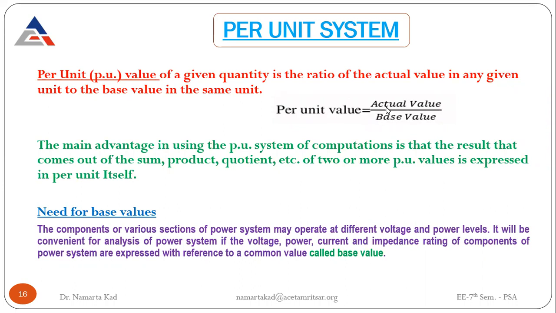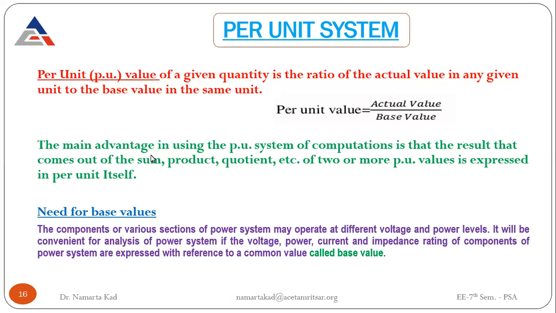Like if you want to calculate for currents, then what is the actual value of current and what is the base value of current? The base value is the common value for the whole system that we have selected as per our assumption, an assumed value, and the actual value is what we take as a reading from any ammeter or voltmeter. So the per unit value is the ratio of the actual value to the base value.